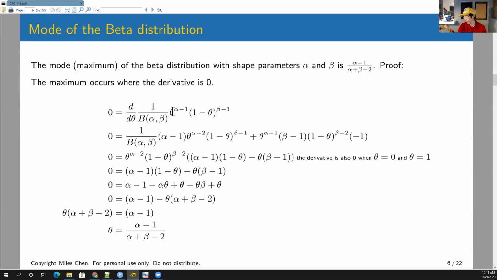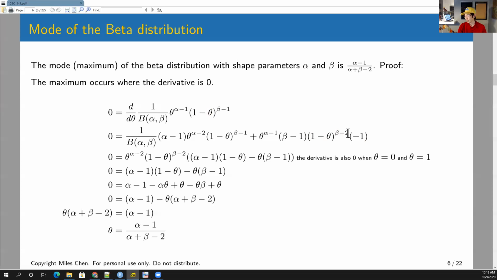Anyway, derivative of the first becomes alpha minus 1 times theta raised to the alpha minus 2 multiplied by that. And then the second part, you take theta to the alpha minus 1, and you multiply by the derivative of this, which is going to be beta minus 1 times 1 minus theta to the beta minus 2. And because there's a negative in here, via chain rule, you have negative 1.